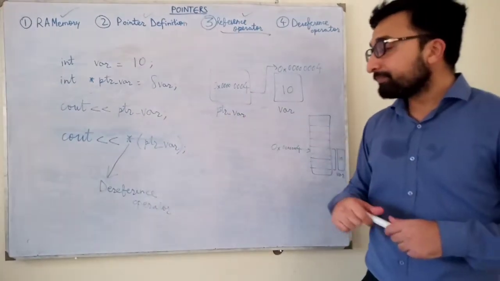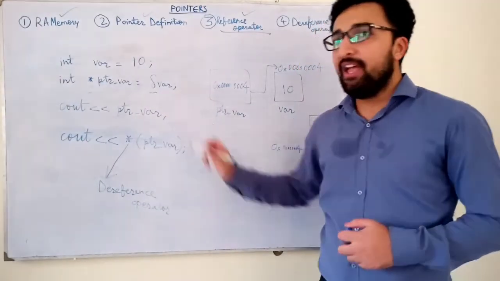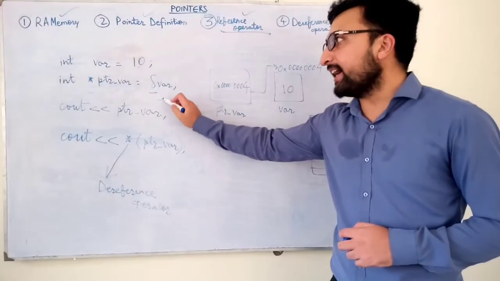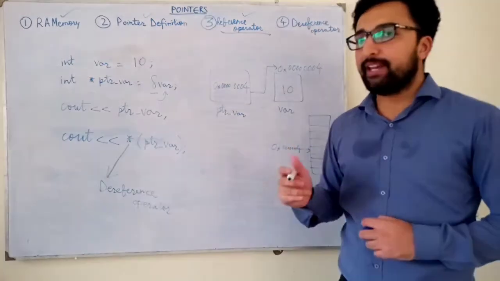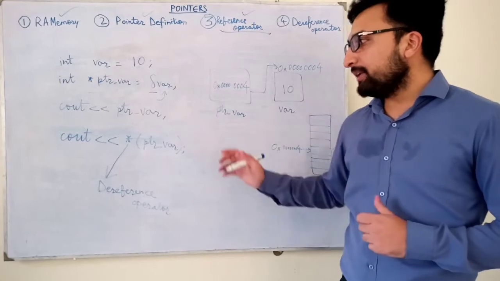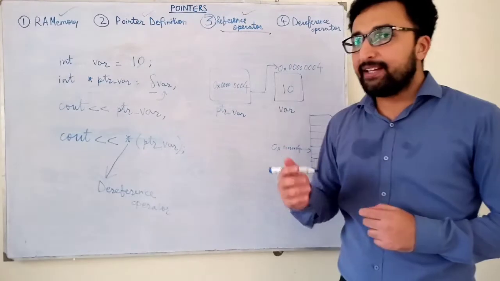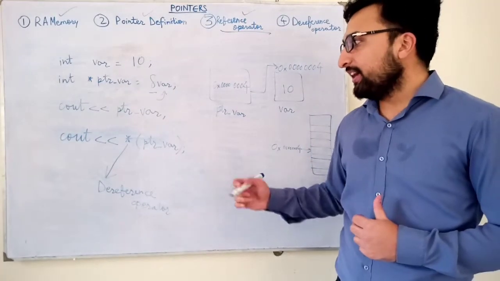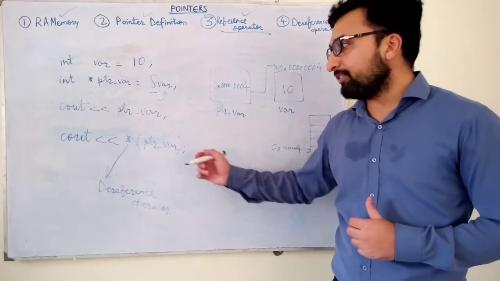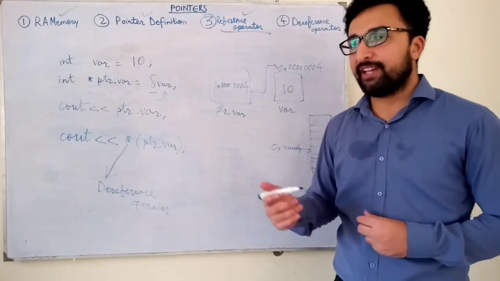However, just like we had a reference operator here, we have a dereference operator. The reference operator is used to access the address of this particular variable. It was used to reference this variable. Similarly, the dereference operator, that is also an asterisk, is used for dereferencing this address that is being pointed to by the pointer variable.